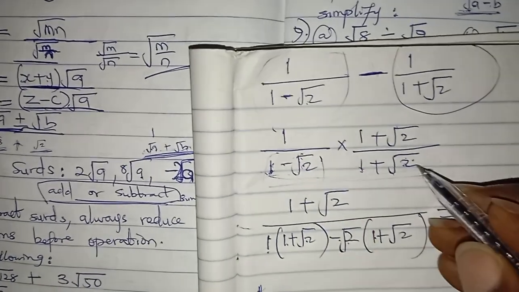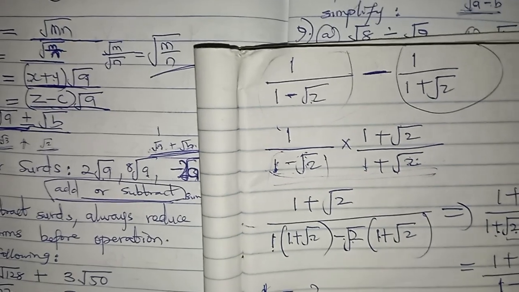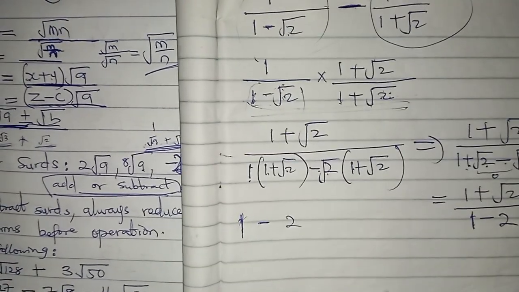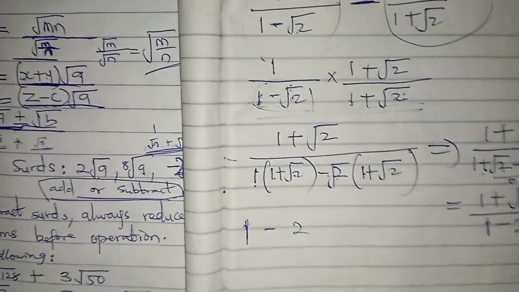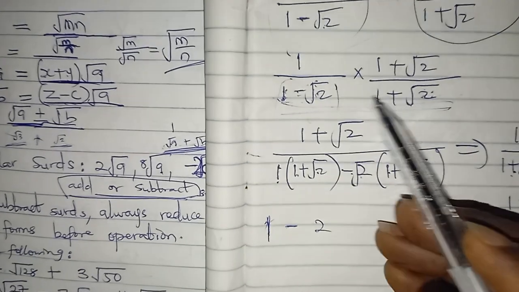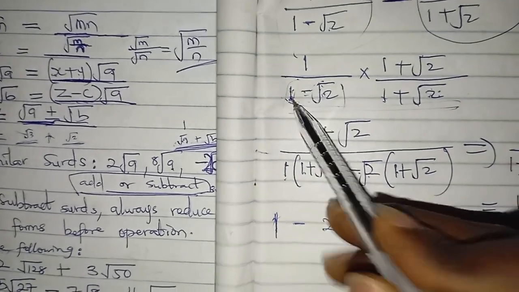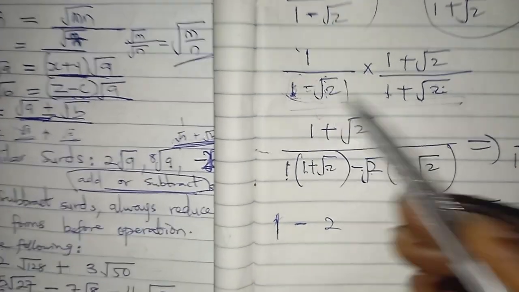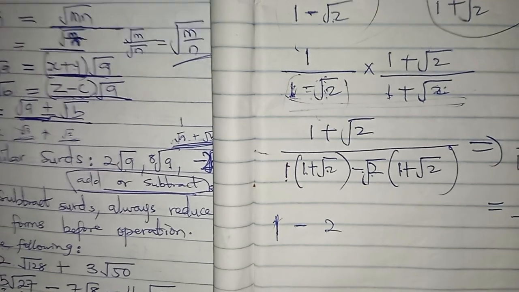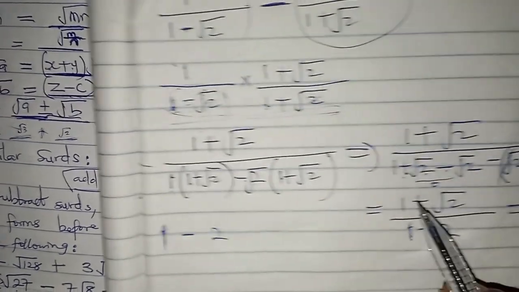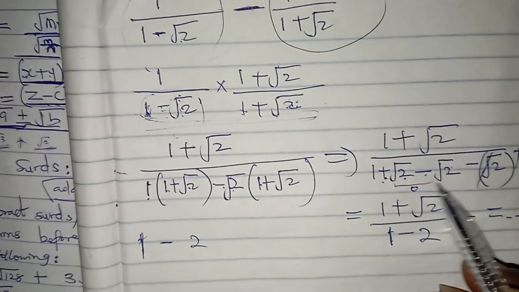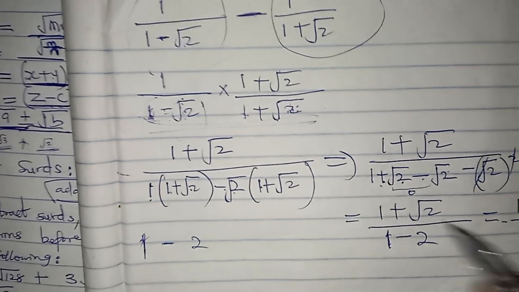So root 2 times root 2 will give me 2, just like that. So when you are multiplying conjugates, just multiply first term by first term, second term by second term, because the two in the middle will definitely give you 0.